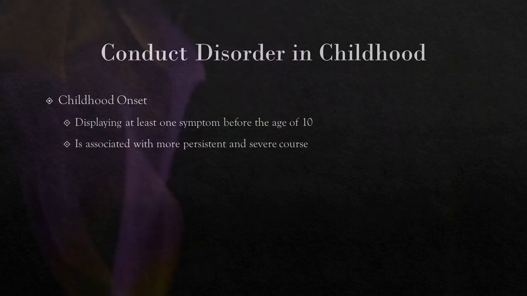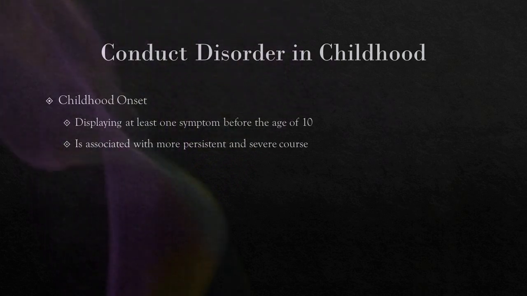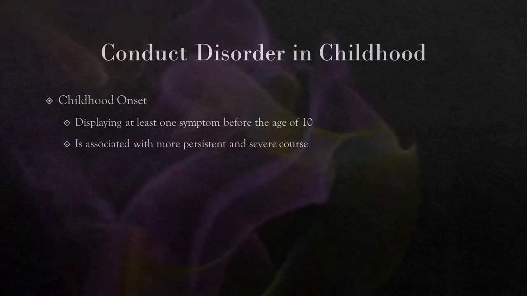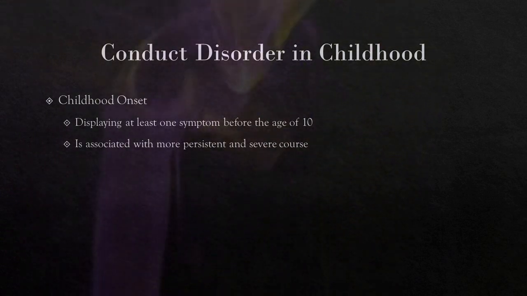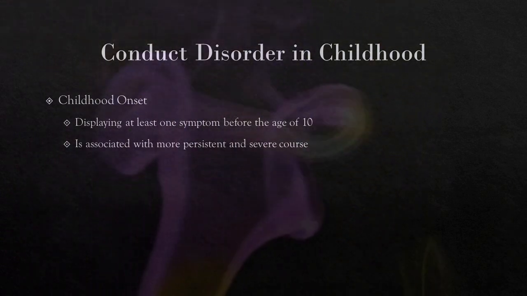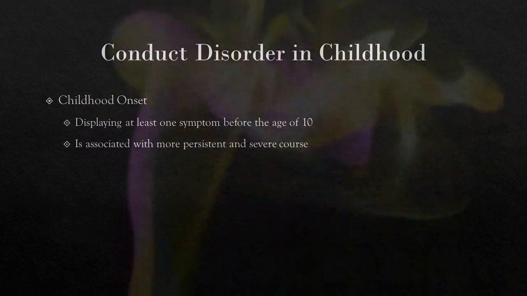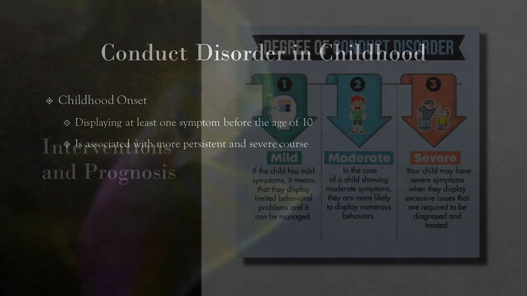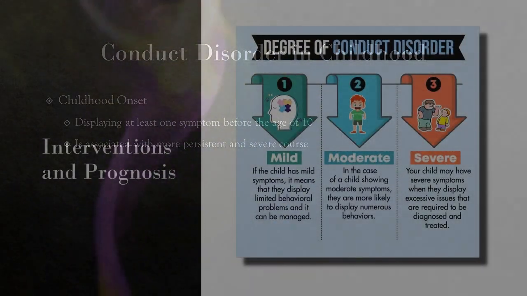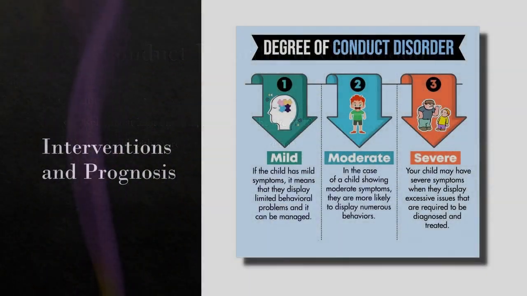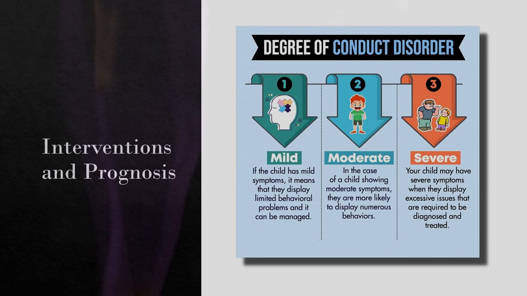And then on occasion, medication might be considered, especially when co-occurring conditions such as ADHD or mood disorders are also present. However, we need to be mindful that medication isn't typically used as a primary treatment for conduct disorder.